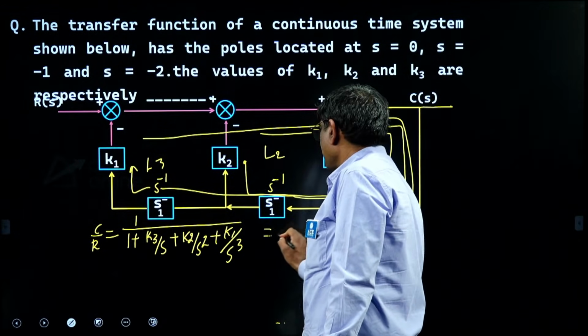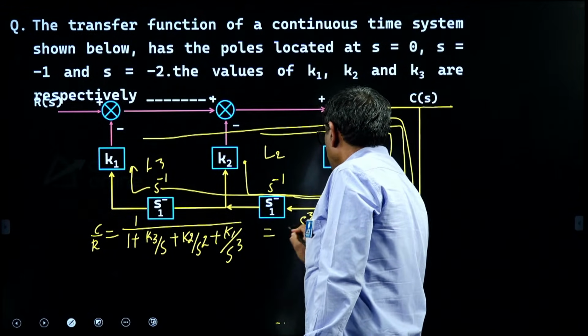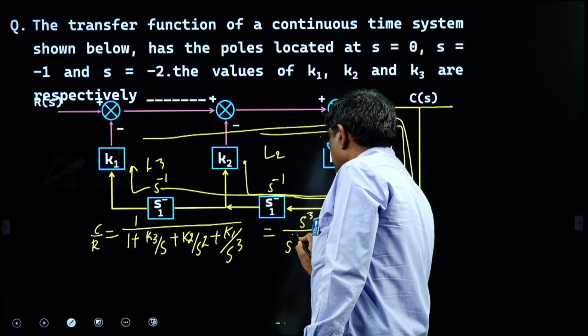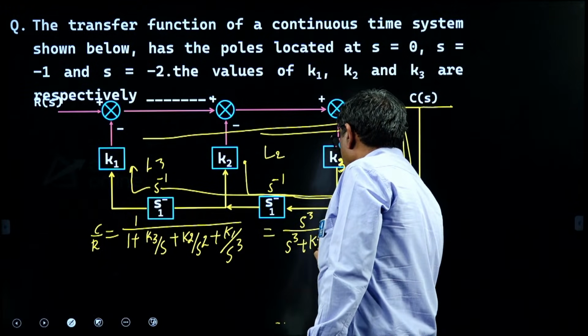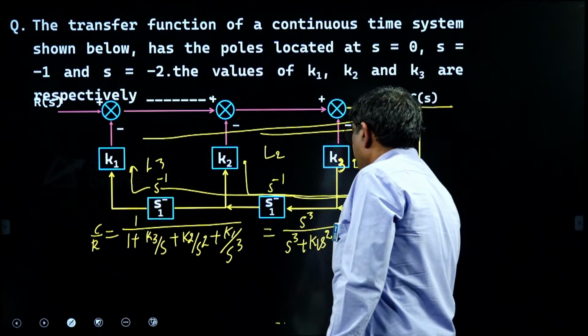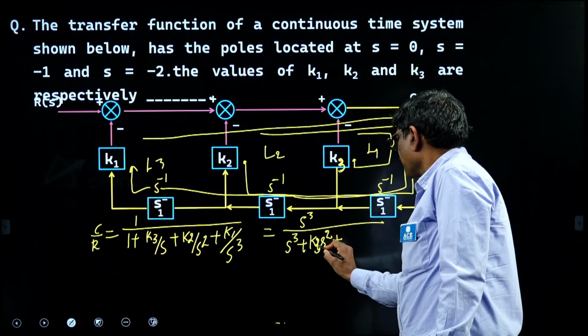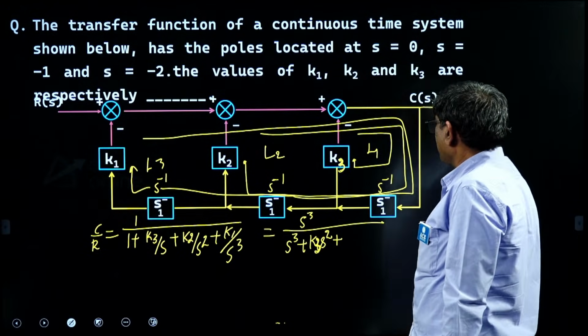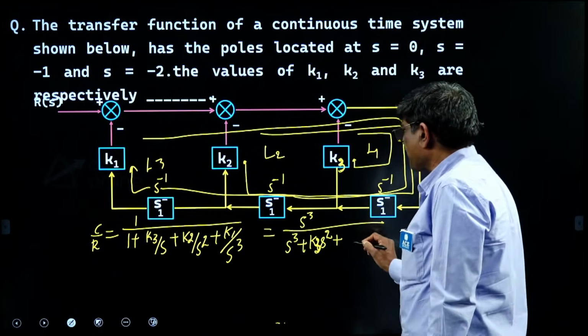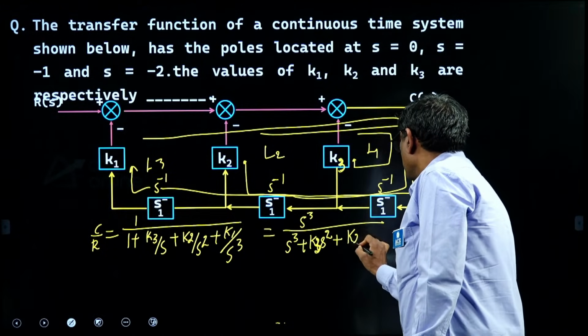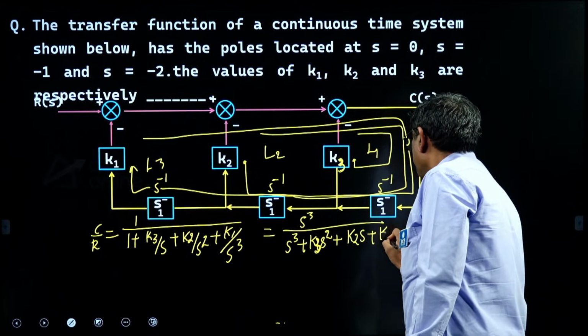So what is the answer you are getting? S cube divided by S cube plus K3 S square plus K2 S plus K1.